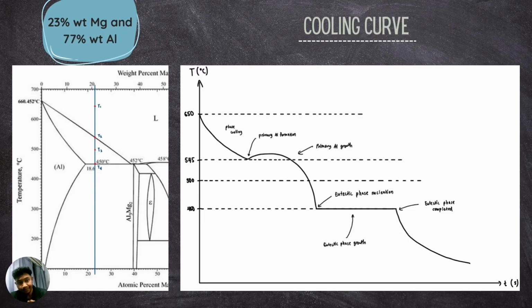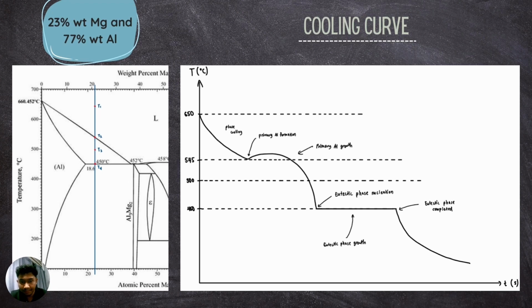So this is the cooling curve for the hypoeutectic, which is 23% of magnesium. As we can see, from 650 degrees Celsius to 545 degrees Celsius, it will undergo the phase cooling, and all is liquid in this phase.